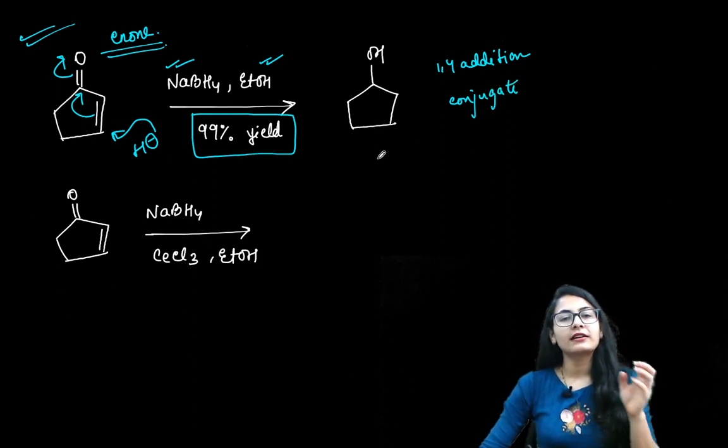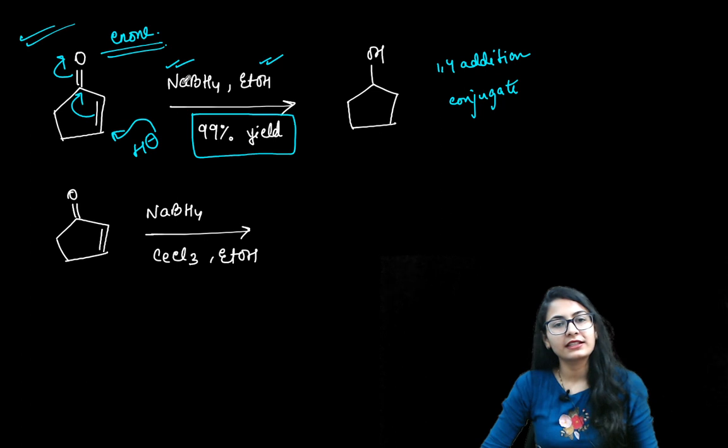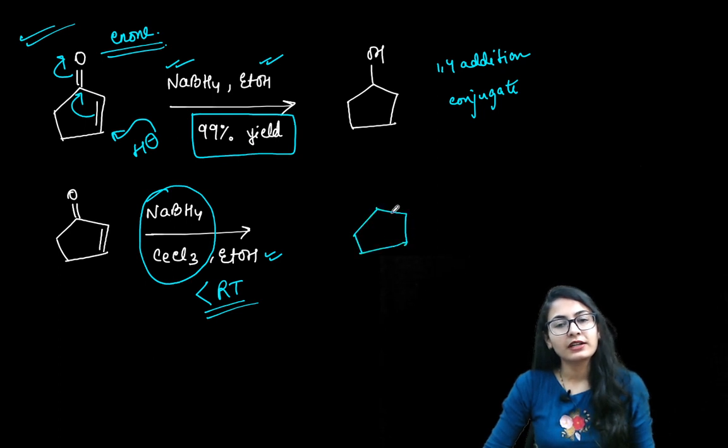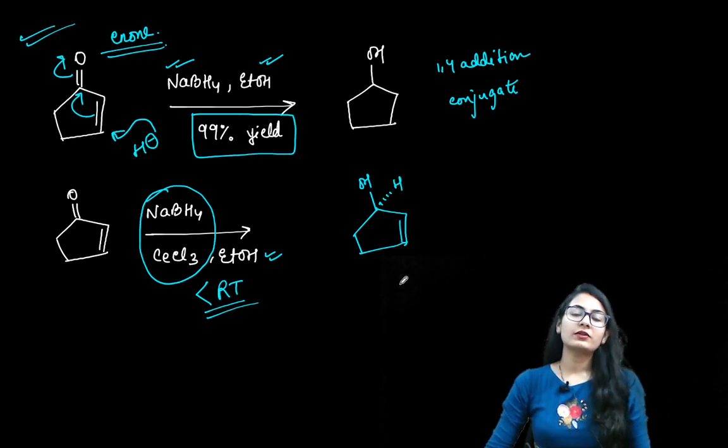So you get a completely reduced product in the case of sodium borohydride and ethanol. In the case of sodium borohydride with CeCl3, which is the Luche reagent basically, in the presence of ethanol or methanol at a temperature less than room temperature, you are only going to get this product, reduction of the ketone to give you the alcohol.